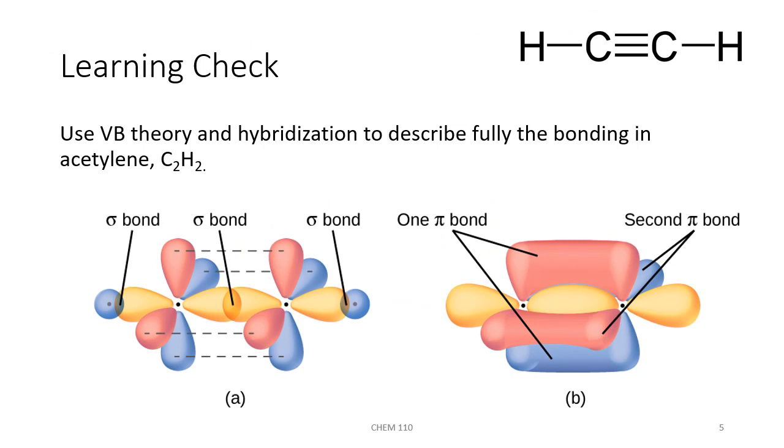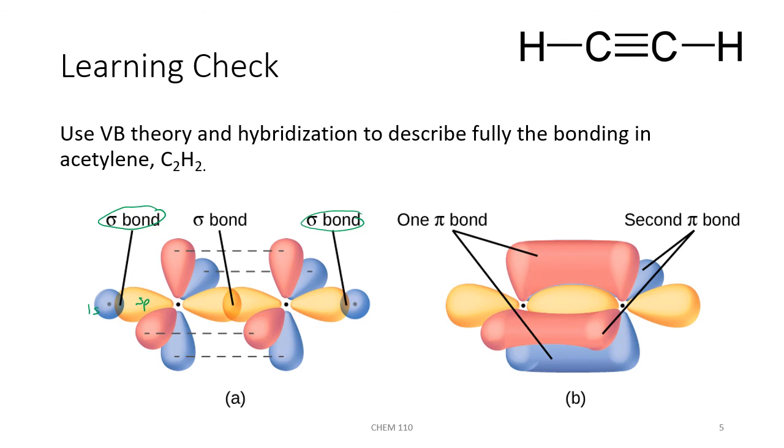Here's a little bit of a neater picture than my own, showing the bonding in C2H2. We have our sigma bonds on the left and the right between our sp hybrid orbital and our 1s on hydrogen. So that region of space is running directly along the internuclear axis where it overlaps in one spot.